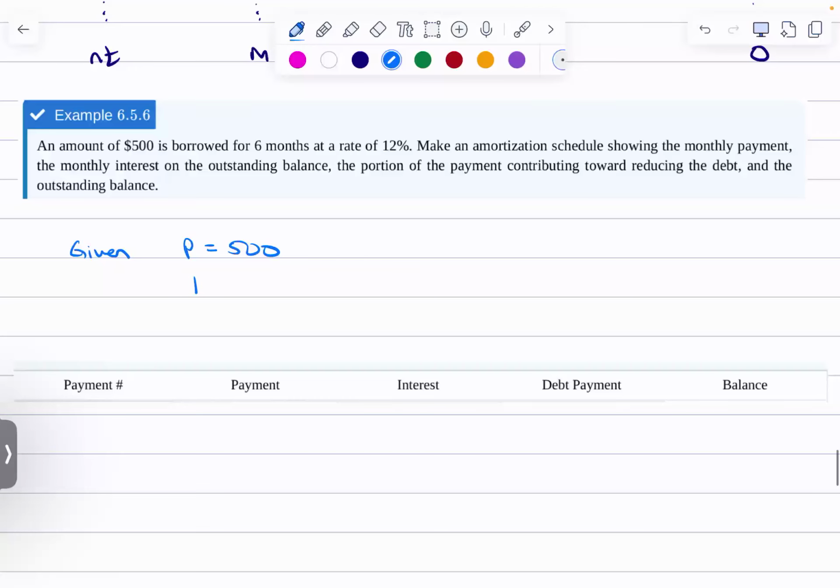T is 6 months, so 6/12 of a year, or half a year if you want. At a rate of 12%, so the rate is 0.12.